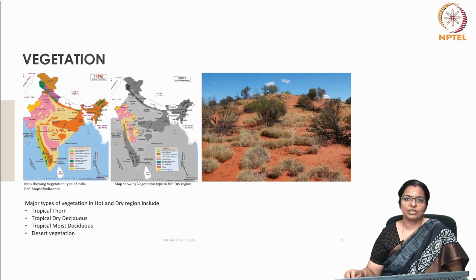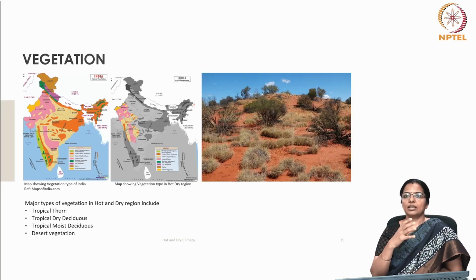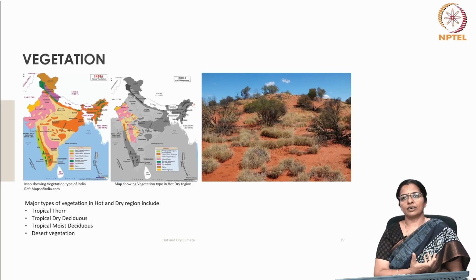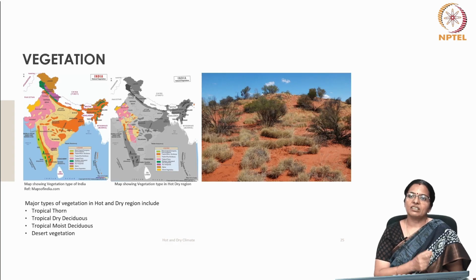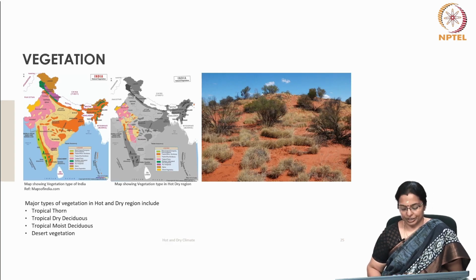Let us look at the vegetation. The major types of vegetation in the hot and dry region include tropical thorn, tropical dry deciduous, tropical moist deciduous, and desert vegetation.